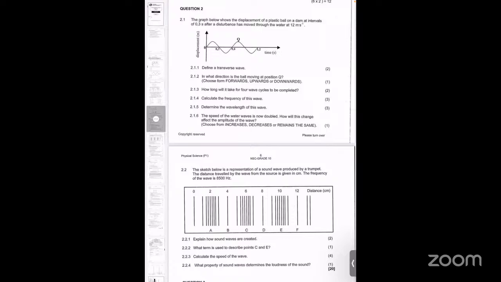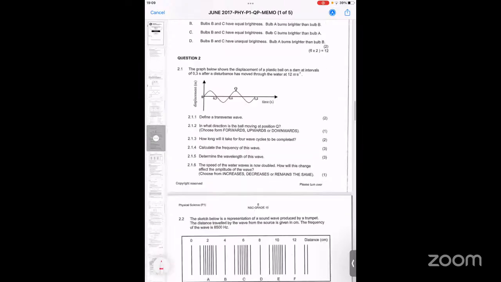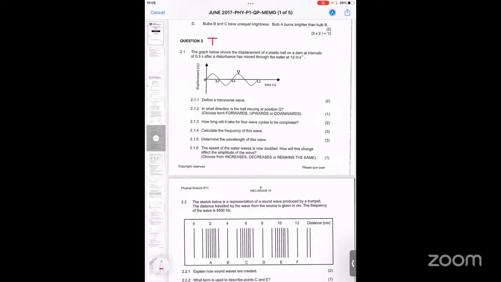This time around, I will need all of you to participate in this surprise test. Let me write it there, just in case someone joins late, they will see the instructions. Test, submit at 19:55.